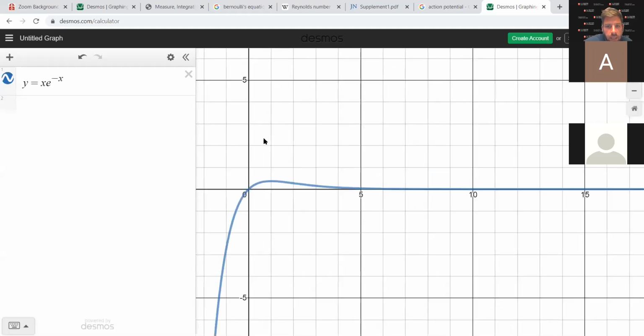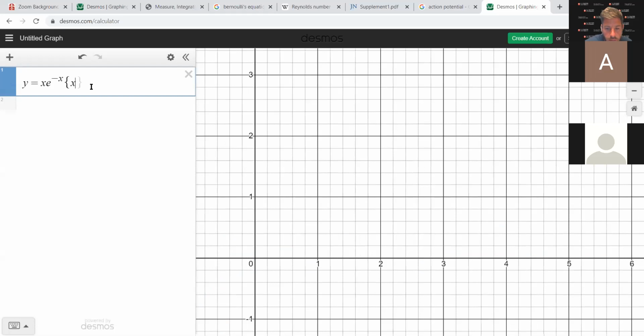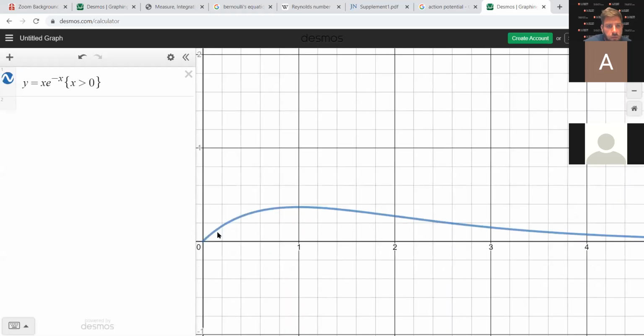So imagine this kind of stimulus. Let's ignore it for time less than 0. Look at this stimulus. It's sort of like a linear exponential stimulus, and then it dies out.